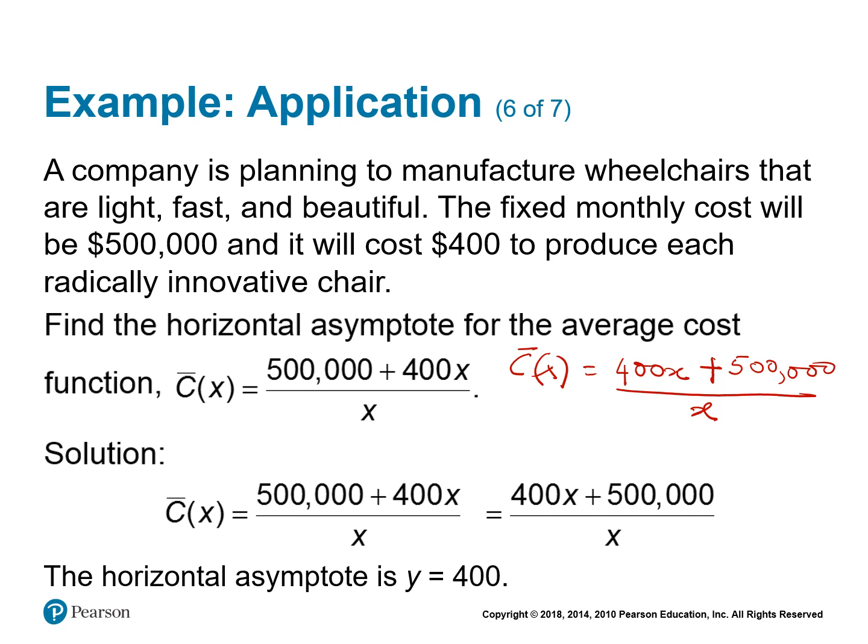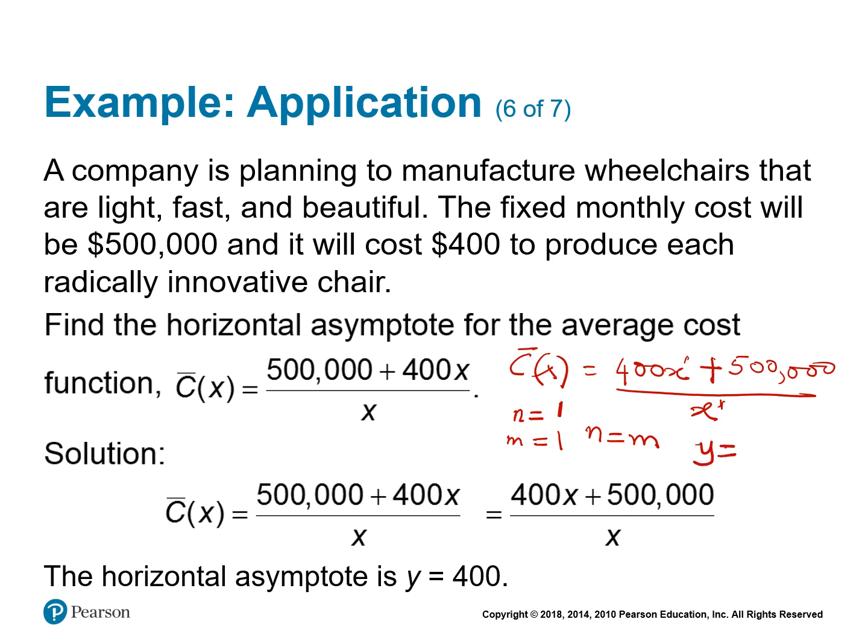We can identify now our n and our m and then do a comparison. So what is n? N, being the leading exponent in the numerator, is 1. And the leading exponent in the denominator is also 1.